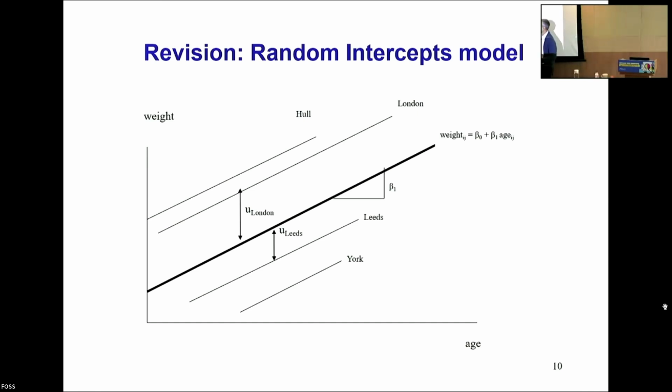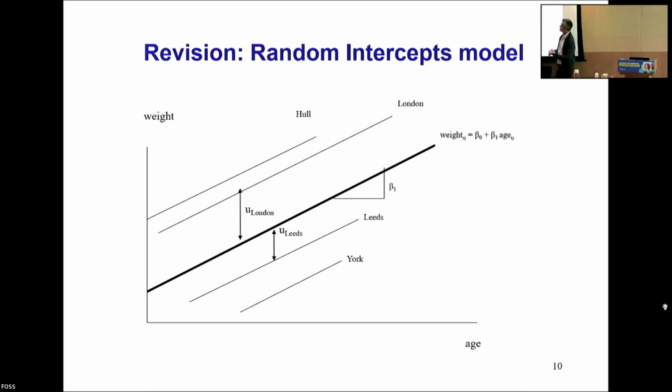So what we're getting is a variation in the intercepts. We're not modeling just a single intercept like before, but we're modeling the variance in the intercepts, saying that living in these different cities, being part of a group, has an effect on the average levels of the y variable, on the average levels of weight.